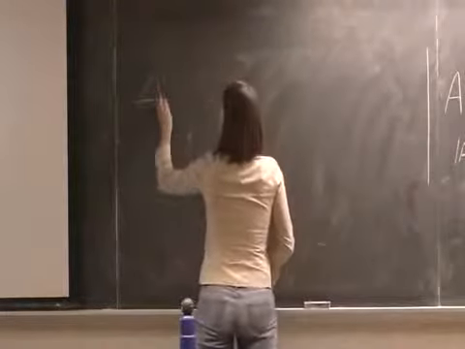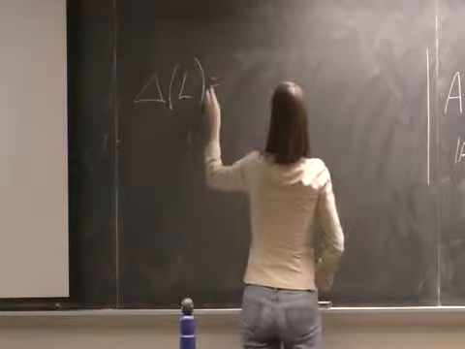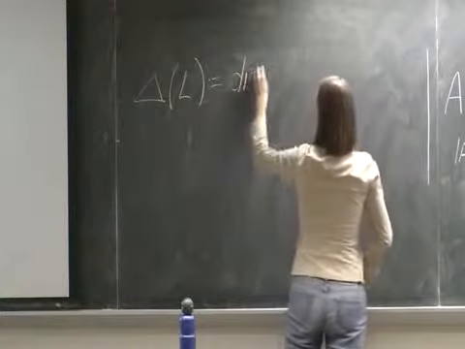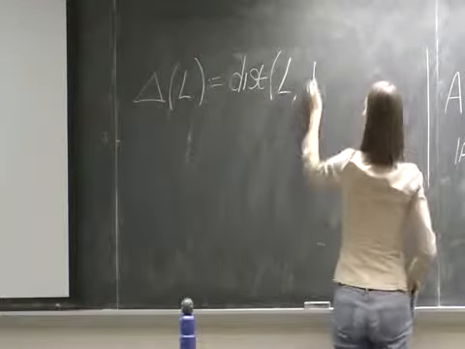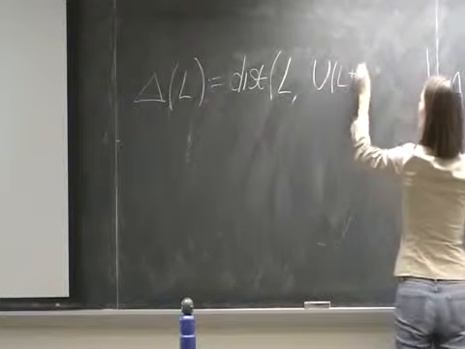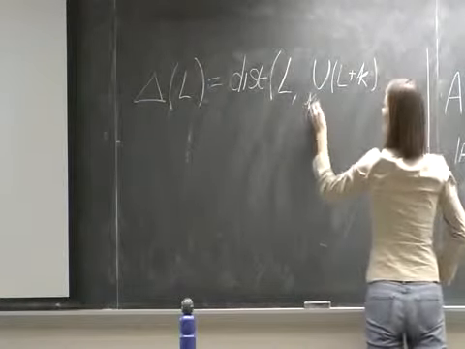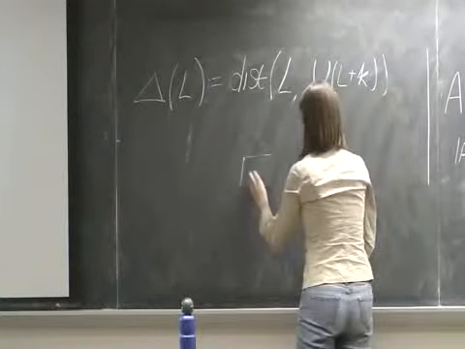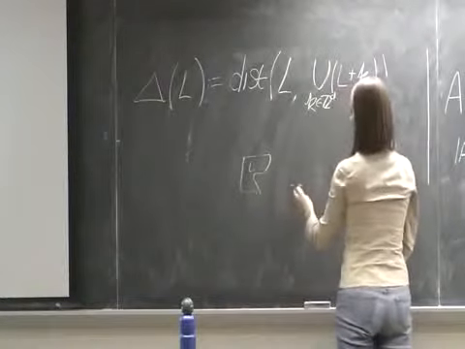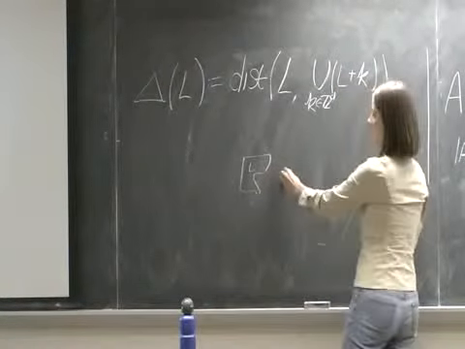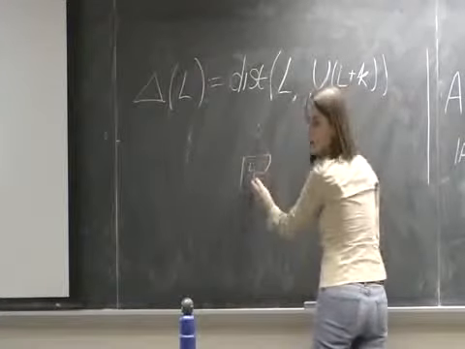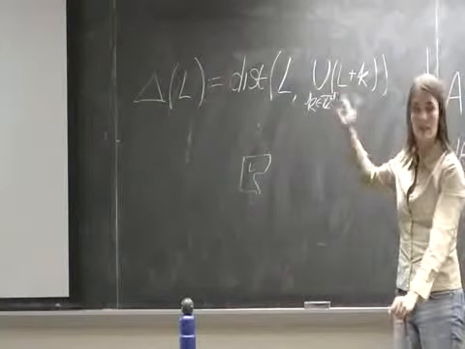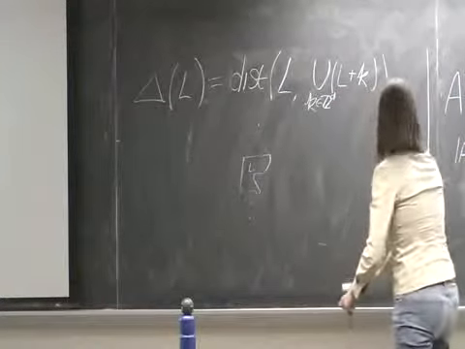So delta L is defined to be the distance between L, so we have our set L and we shift L over 1, 0, -1, 0, up, and we say what's the distance, like what's the closest L gets to any of its translates.